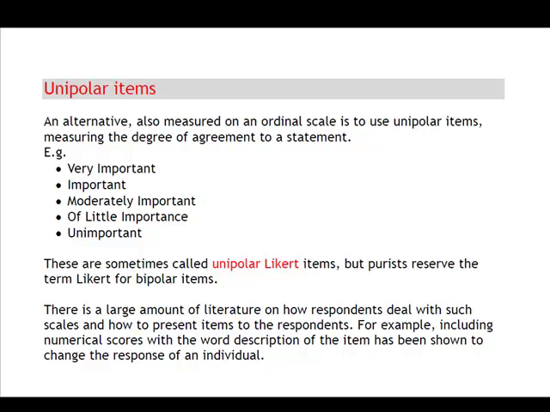And as Georgia says, there's a literature out there on how respondents deal with such items, and wording effects, whether you put numbers against the item. So if you have very important equals 6, important equals 3, and so on, the way that people fill in these questionnaires will vary according to how these items are presented in surveys.